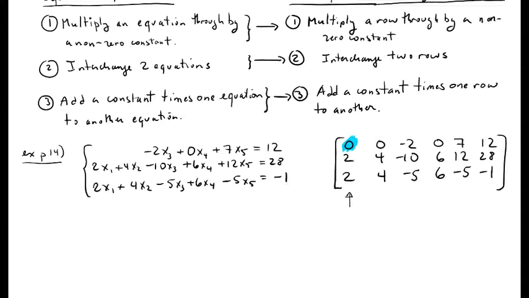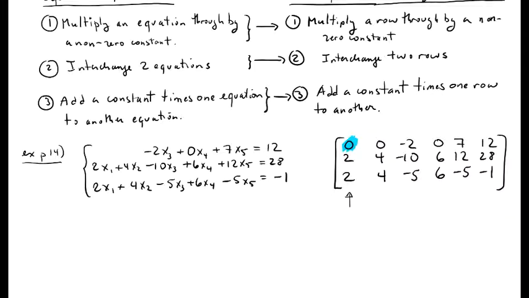And the way we're going to do this is multiply the row throughout by a non-zero constant. But because it's 0, it's not going to be possible if I don't apply operation 2, which means interchange 2 equations. My goal is to get a non-zero up there, and after that I'll make it into a 1 by multiplying the row throughout by a non-zero constant.